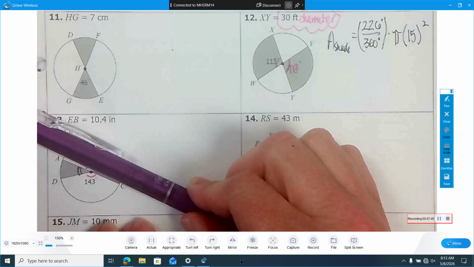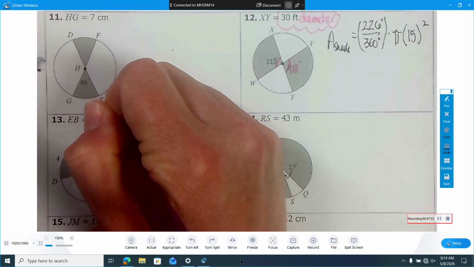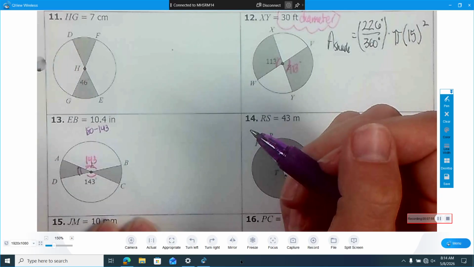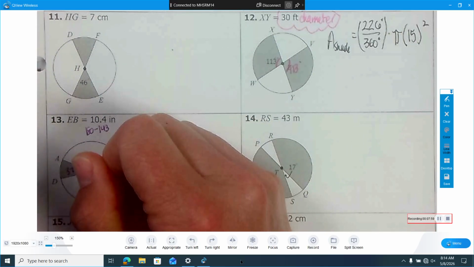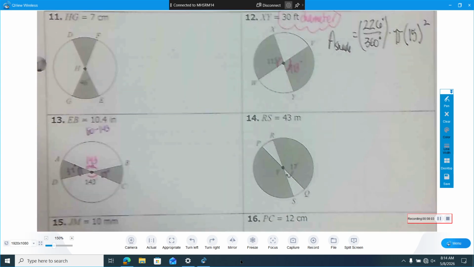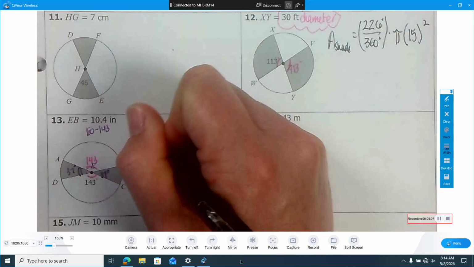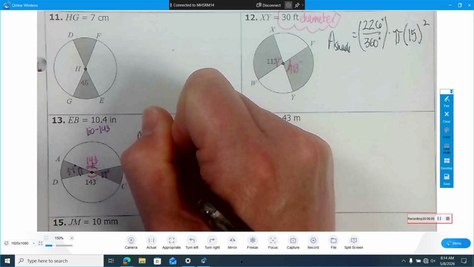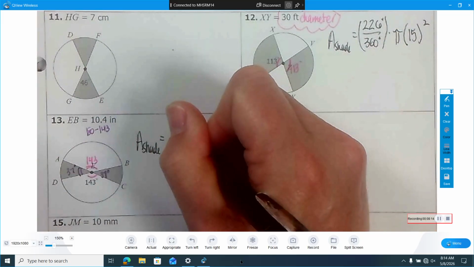From 180. Yeah, we have a nice straight angle there. So we got 180 degrees. So I'm going to do it that way. 180 minus 143, which is 37? Yep. All right. Which means both of these shaded areas are 37 degrees. So lots of ways to figure that out. What is that, 74 degrees? So the area of the shaded stuff is 74 degrees.